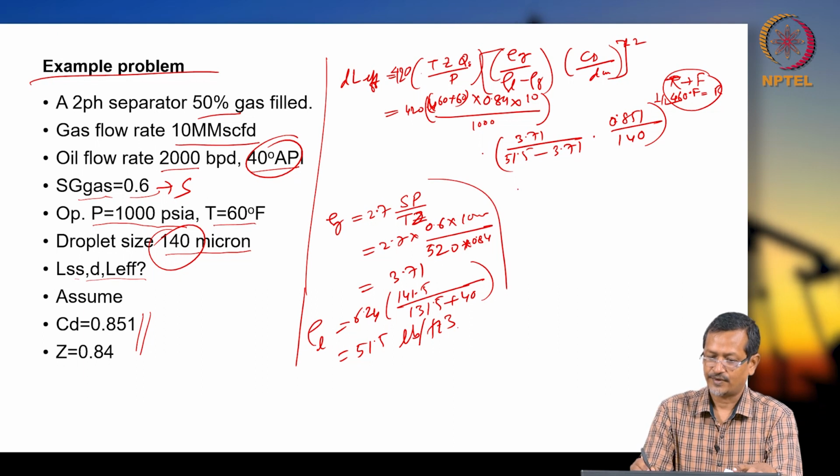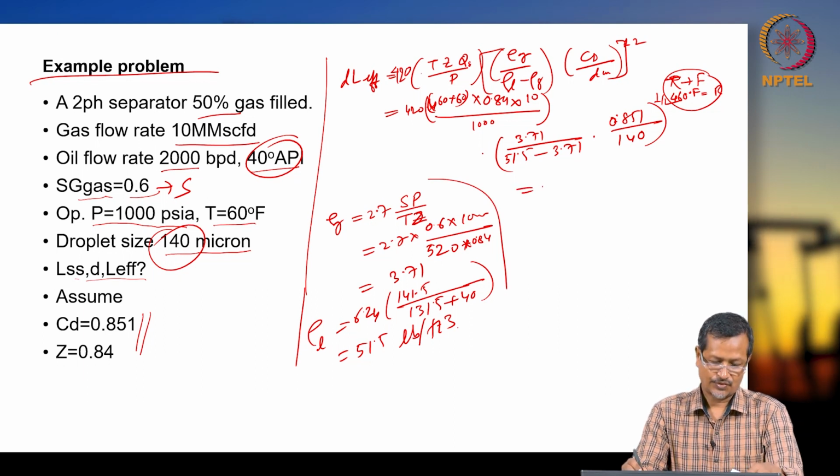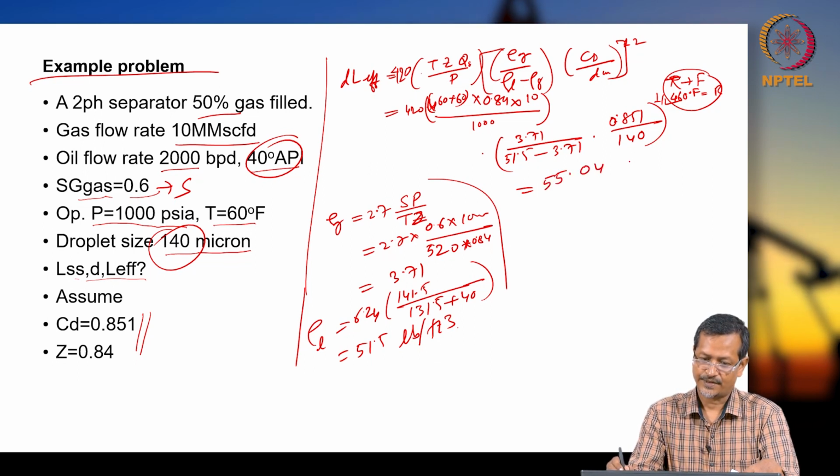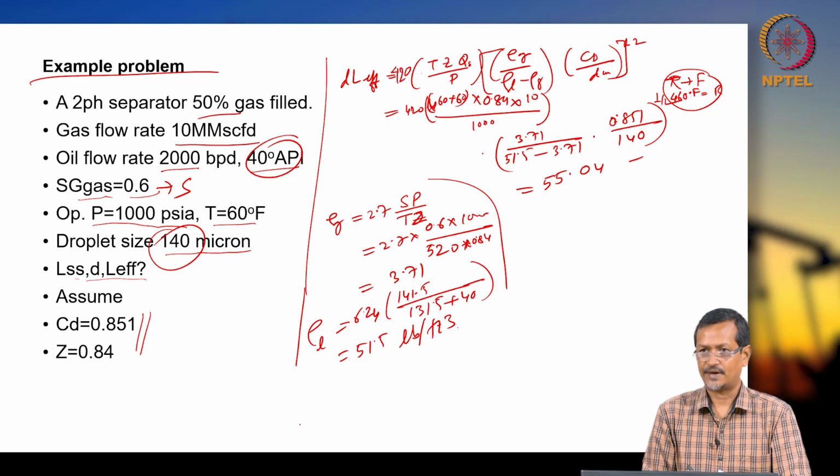Finally we are getting 55.04 for D and LEFF multiplication.